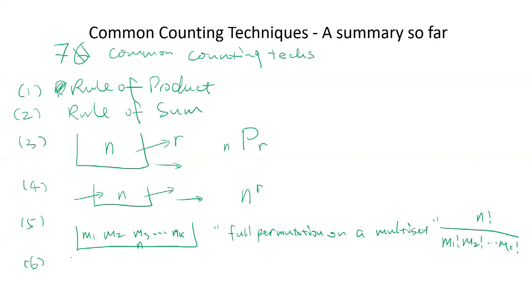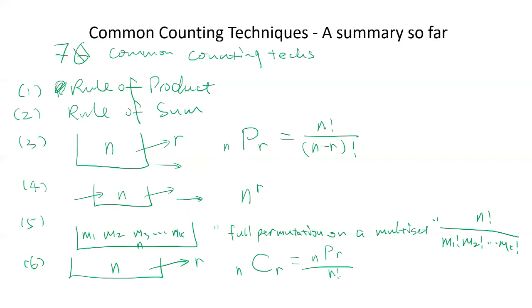And the sixth one is combinations without replacement. The result is C(n,r). C(n,r) is P(n,r) divided by r factorial, which is n factorial divided by (n minus r) factorial times r factorial.